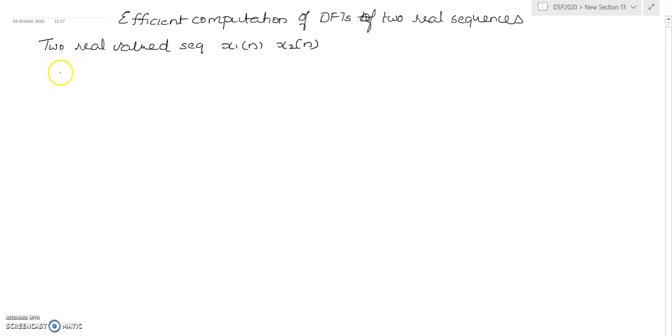So we have these two sequences x1 of n and x2 of n. We are creating a new sequence x of n, which will be given as x1 of n plus j x2 of n.